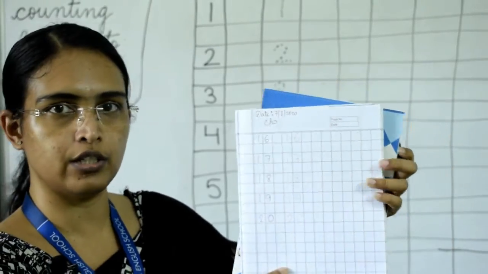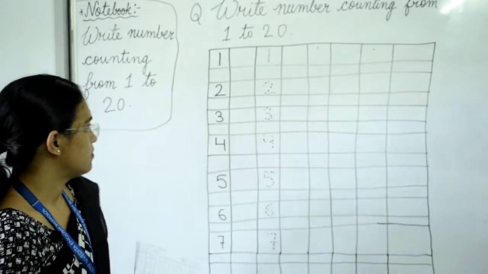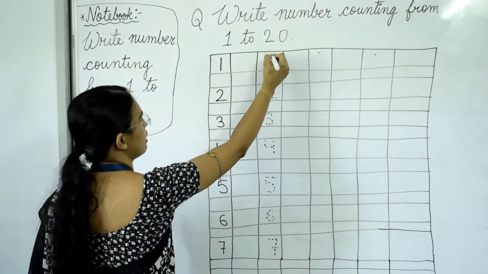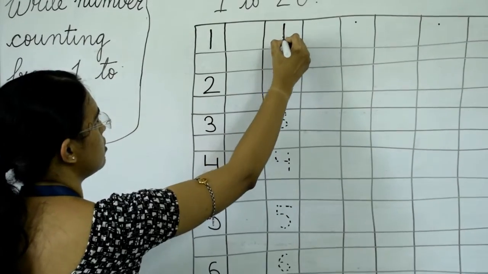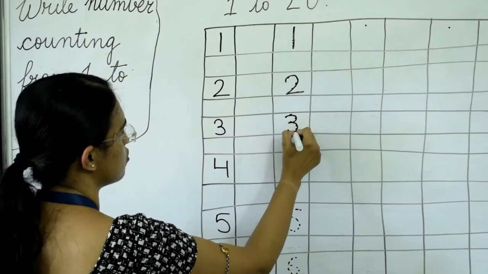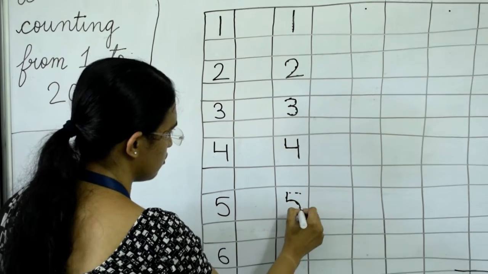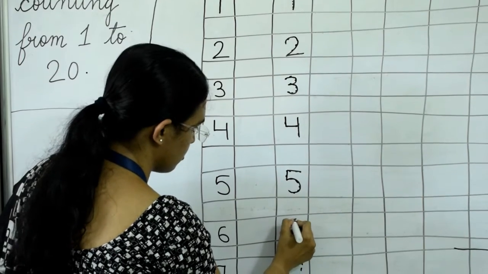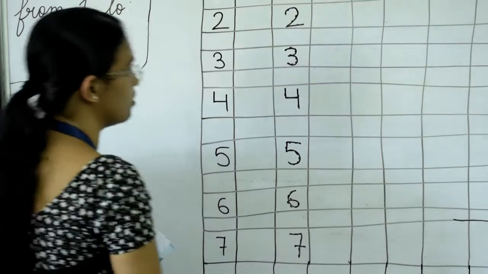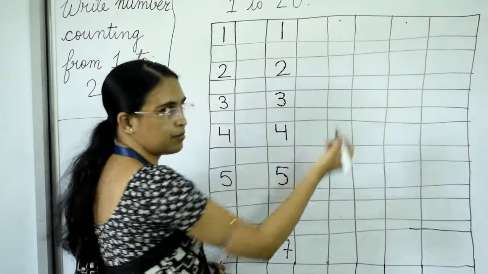Now I will show you on the board how you will write in the copy. Now look here, it is already written. Now what you have to do here, you have to trace the numbers like this: 1, 2, 3, 4, 5, 6, 7, and here the dots are given, so here I have to write it by myself.